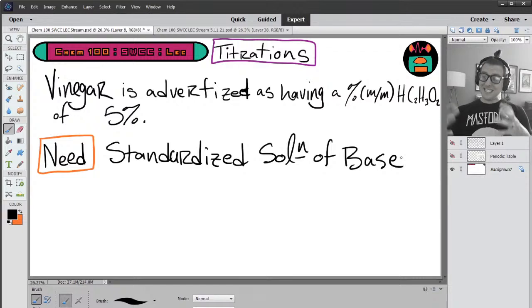We're going to need a standardized solution of some base to use in the titration with acetic acid.